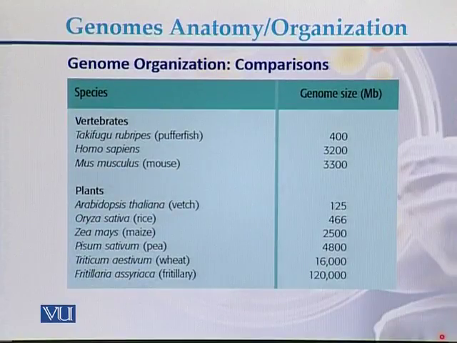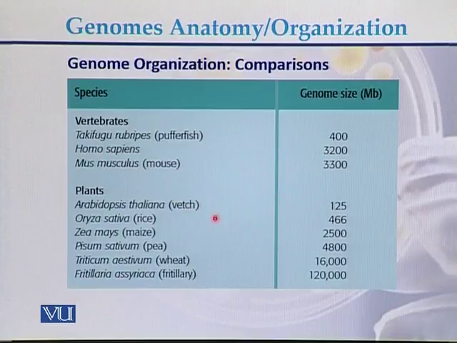Genome organization comparisons in case of vertebrates and in case of plants. Here we can see the name of the vertebrates and the size of the genome. Here is the example of Homo sapiens and the example of the mouse and the size of their genomes.